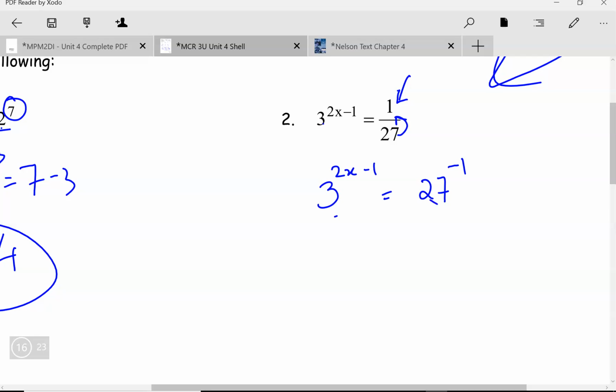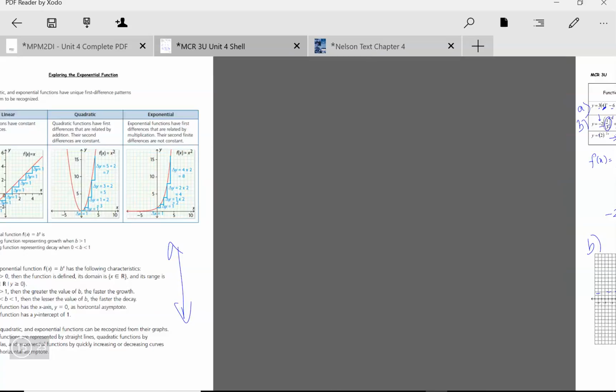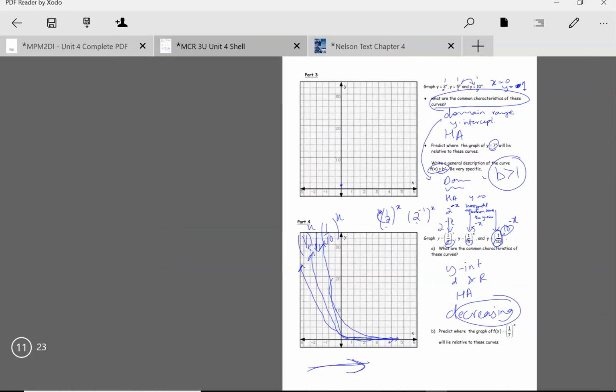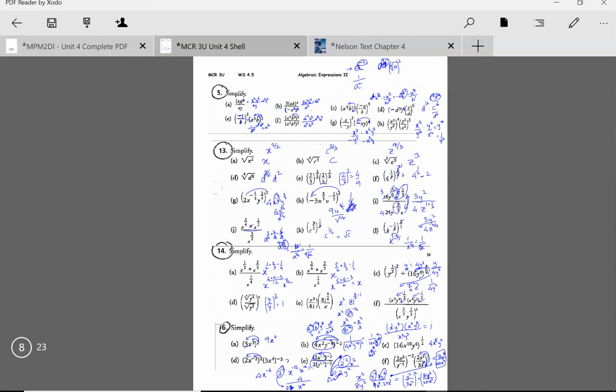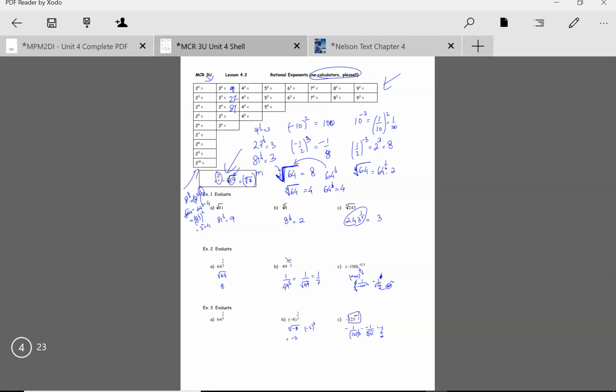Again, 3 and 27 are not exactly the same base. So in order to convert them to the same base, I'm going to rewrite 27 as 3 to the power of 3. I don't remember if it was in this unit that we had this big chart. Where's that chart? I think we had that chart in this unit, right? Yeah, this chart.